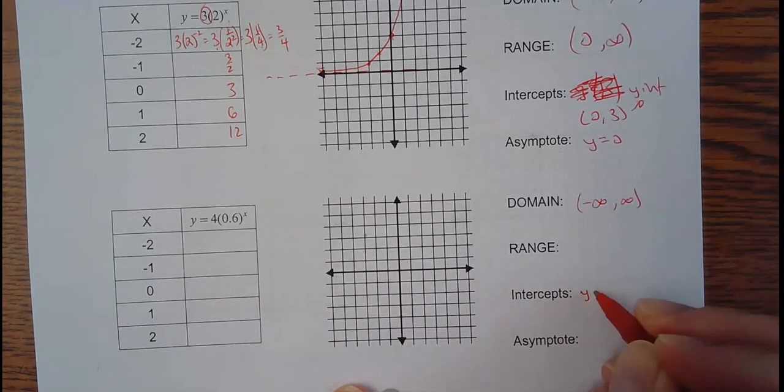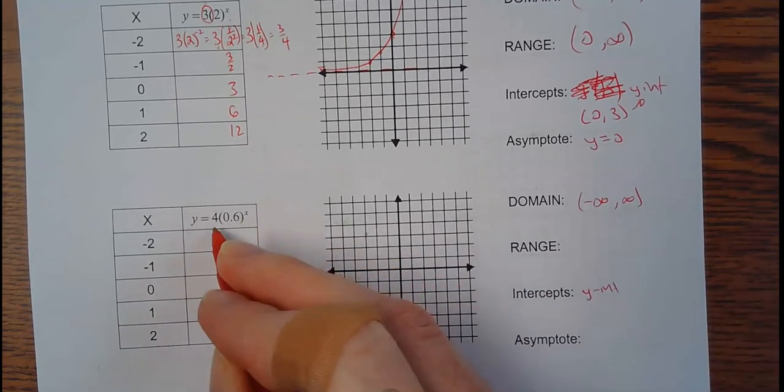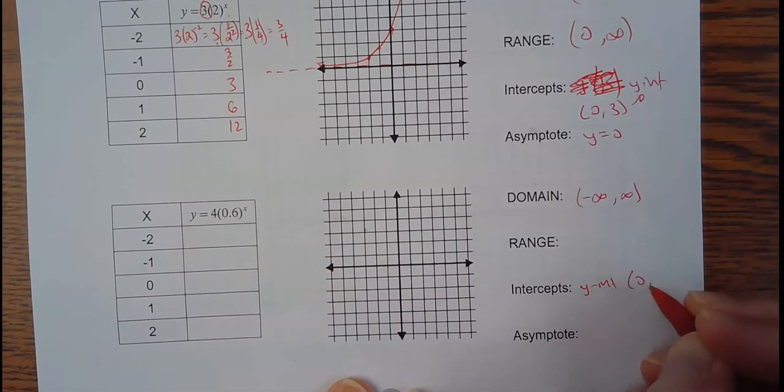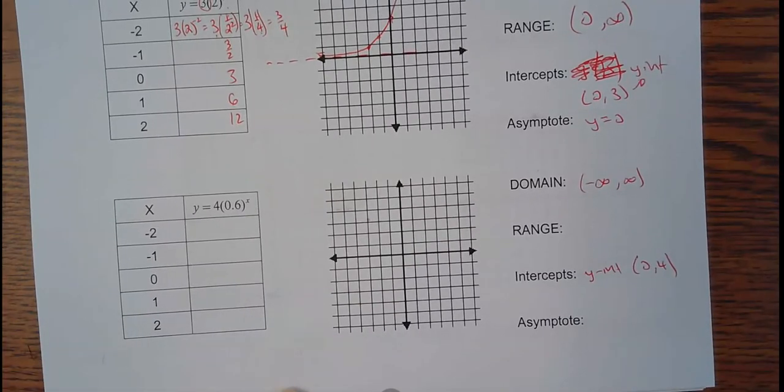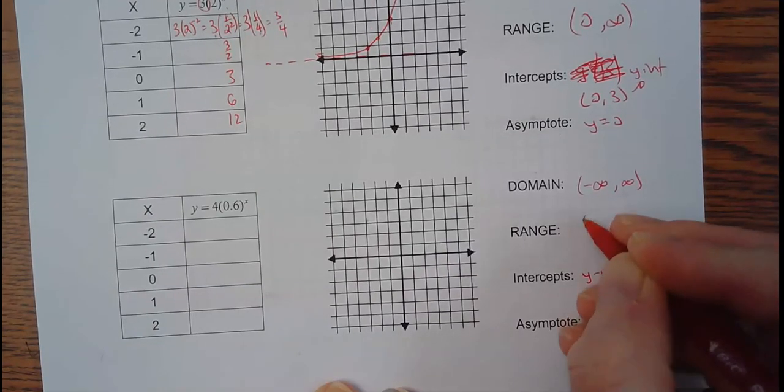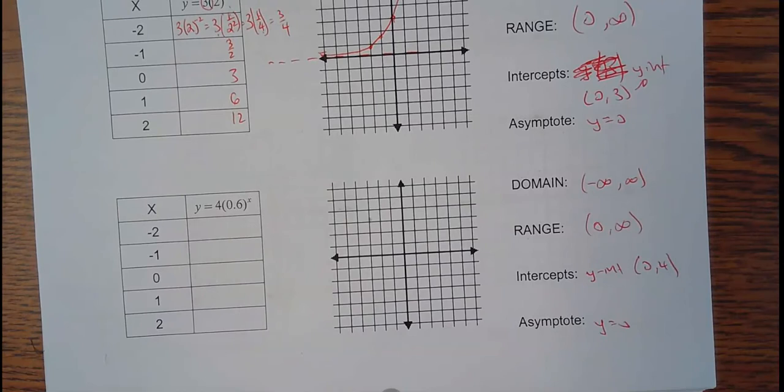But I can tell you right now what the y-intercept is. The y-intercept is at 4, so 0, 4. Okay, and this one has no number on the end shifting it up and down, so the asymptote will still be y equals 0, which means the range will be 0 to infinity. But maybe we'll deal with more of those later. We'll shift it up and down on you.